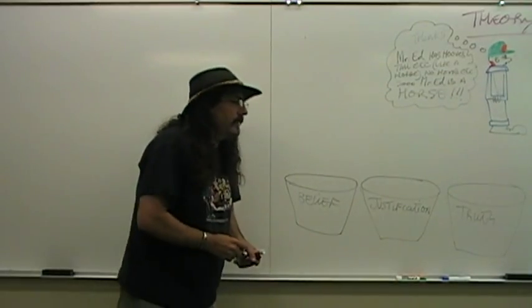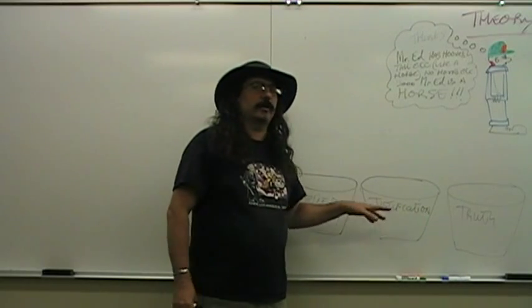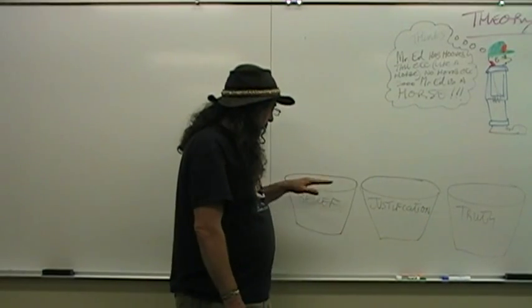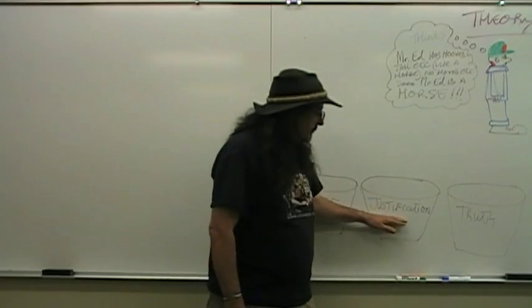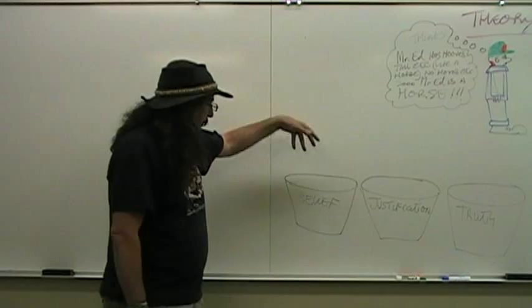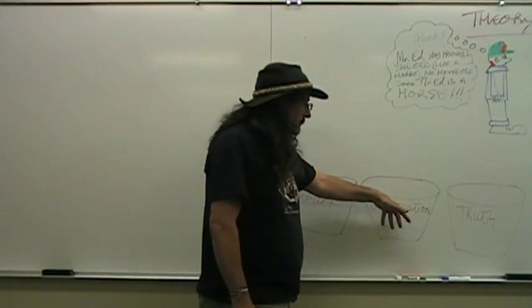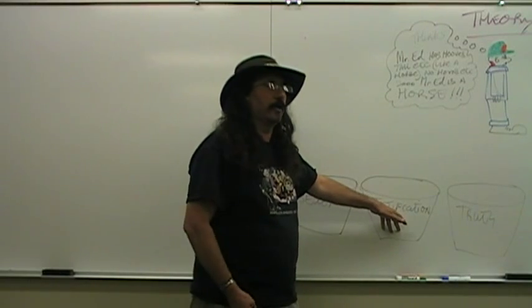So we might think of ourselves as asking Plato, all right, you say knowledge has 3 criteria. It has to be a belief that is justified and true. So you can put something in this bucket that's recognizably belief. You can put something in this that's recognizably justification.